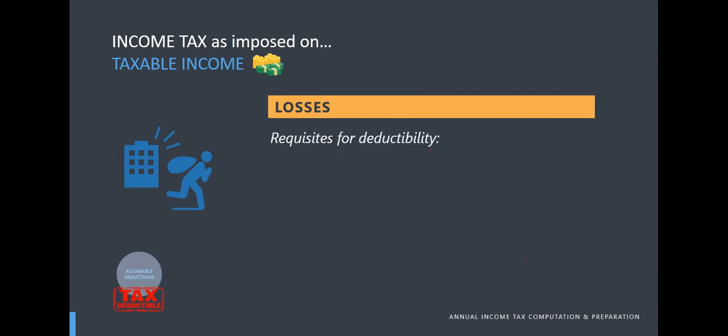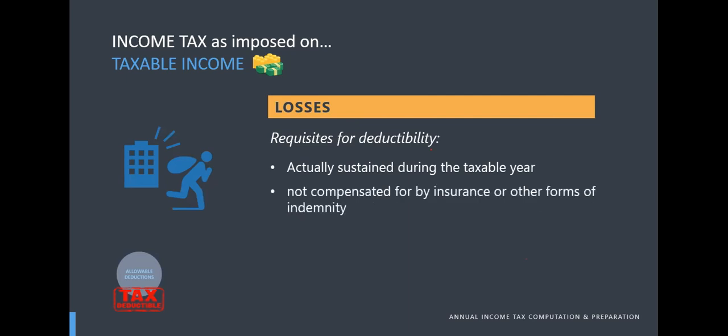So, requisites for deductibility. The losses must be actually sustained during the taxable year. It must not be compensated for by insurance or other forms of indemnity. In case a taxpayer receives a reimbursement from the insurance company for the losses, the amount of losses that must be reported is net of the reimbursement from the insurance company.